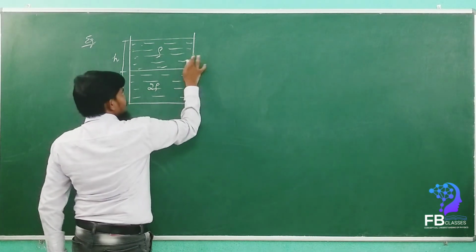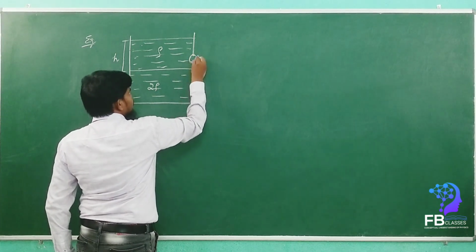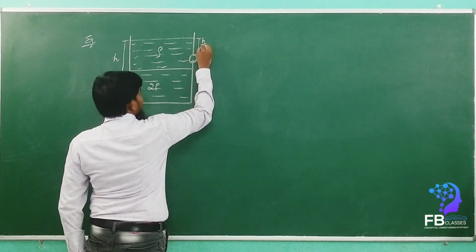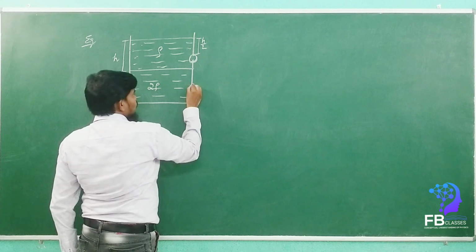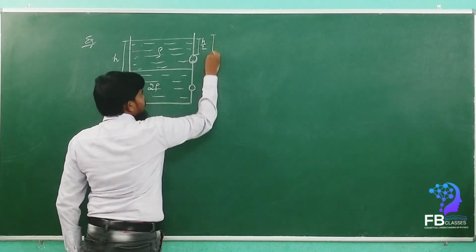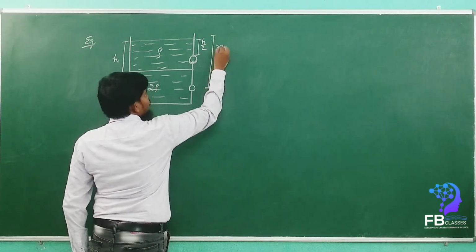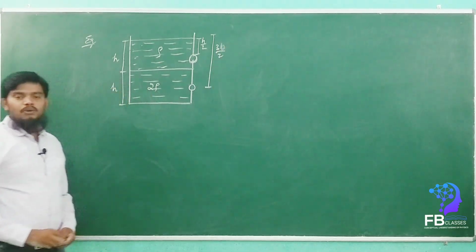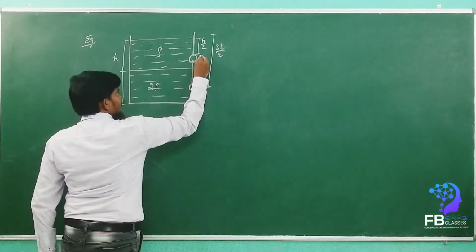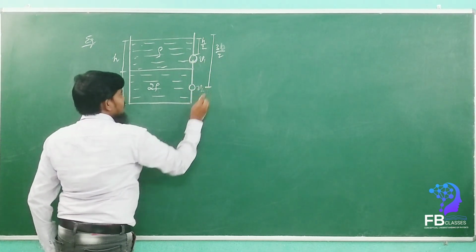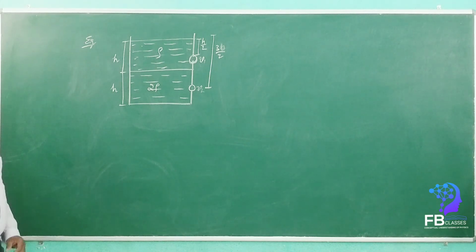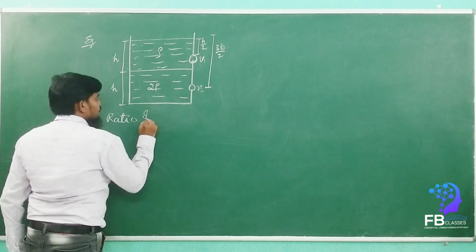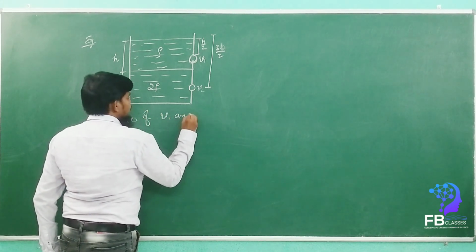Now here a hole is punched at a height of h by 2, and a second hole is punched at a height of 3h by 2. The velocity of the first hole is v1 and the second is v2. Now he says to find the ratio of v1 and v2.